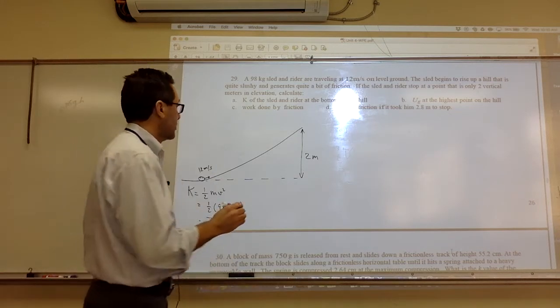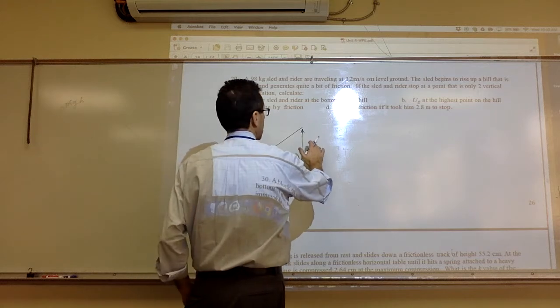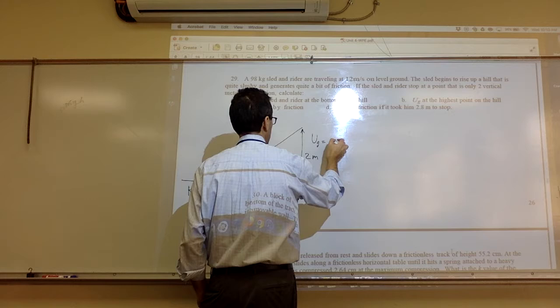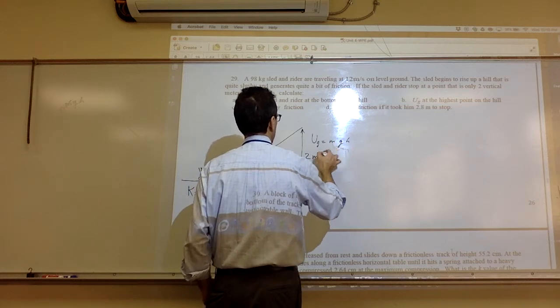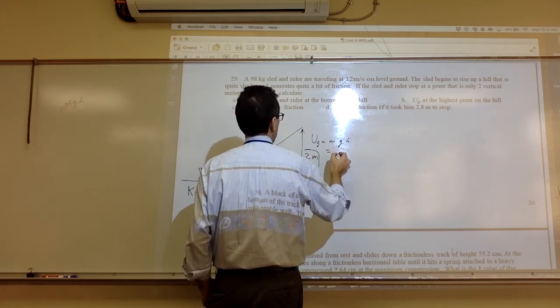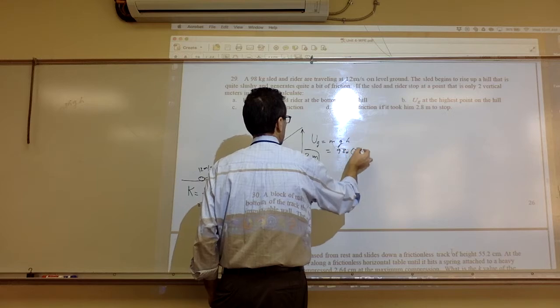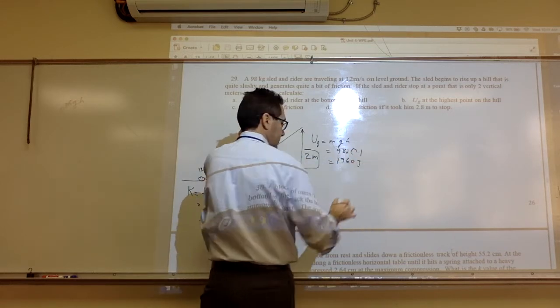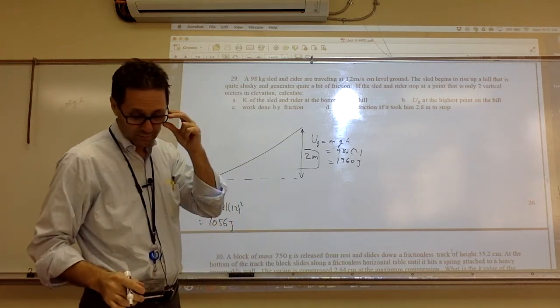Gravitational potential energy at this point here is just going to be your mgh, which is 980 times 2, which is, I think, 1960 joules.